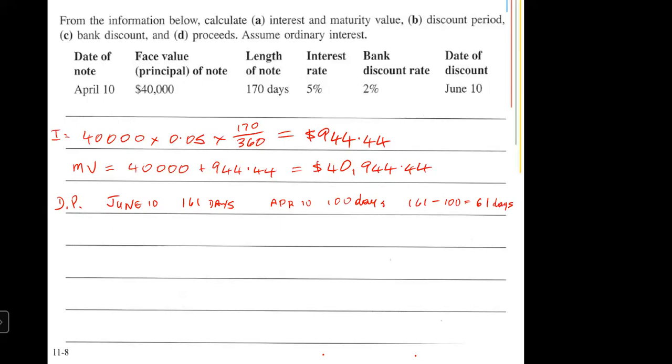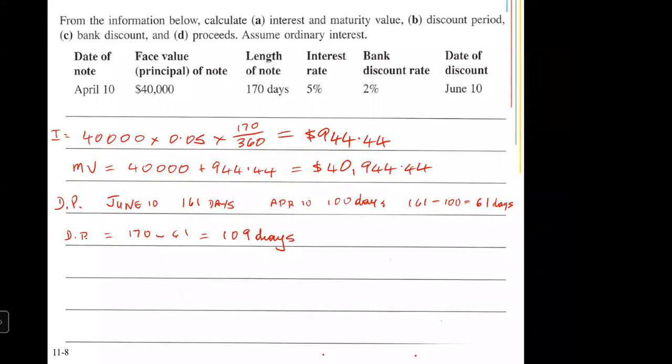So therefore, your discount period would be equal to 170 minus 61, which gives you 109 days. All right, so the bank is going to hold the note for 109 days.